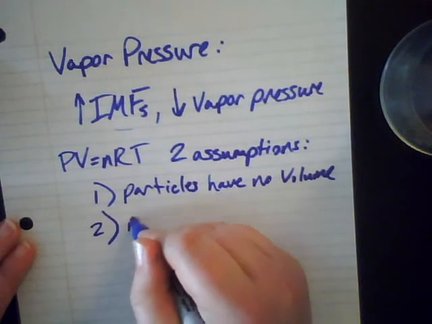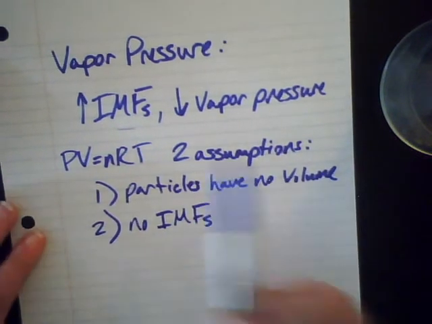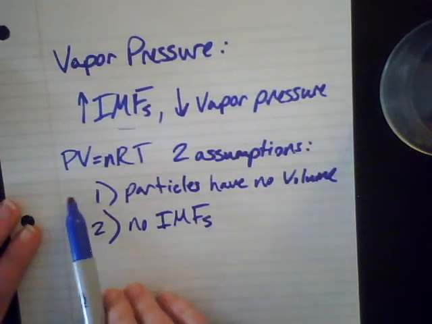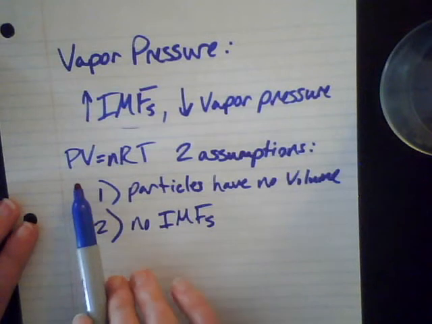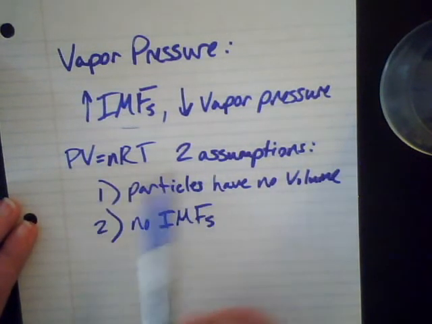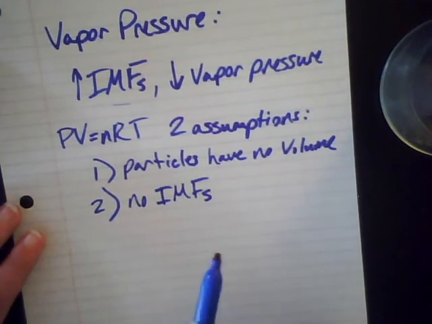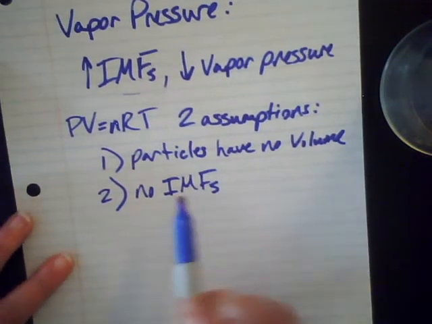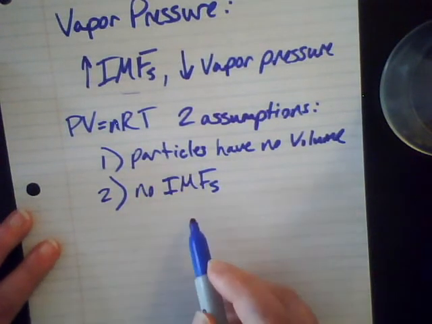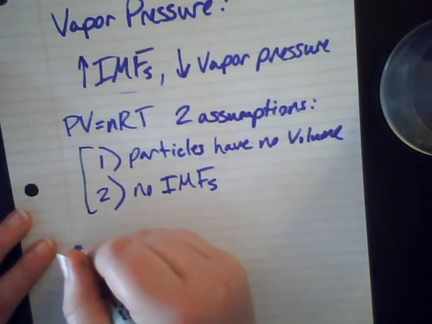And the second one is that there's no IMFs. Now we have a term for it, right? At the time we just said, well, there's no attraction or repulsion between the particles, and that has something to do with the pressure, because the pressure is how many times these particles are colliding with the sides of their container. So now we're saying, well, there's not any attraction between them. So if we wanted to think about whether or not gases act like ideal gases, then we have to account for these two assumptions.